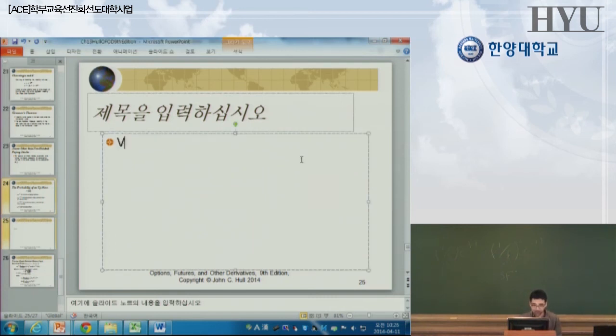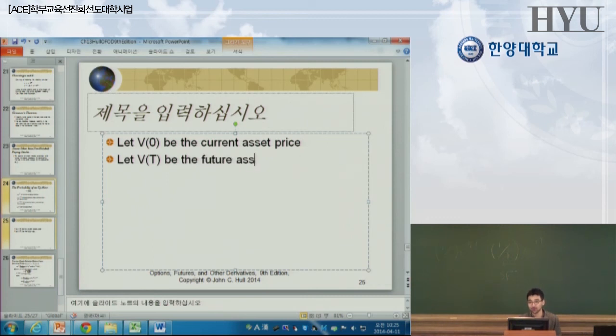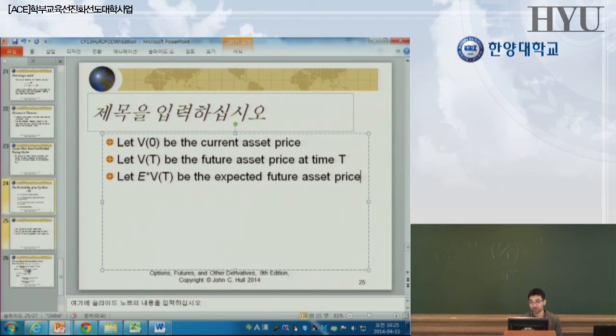result is that suppose V0 is the asset price at time 0, and VT is the future asset price at time T. Let E[VT] be the expectation.